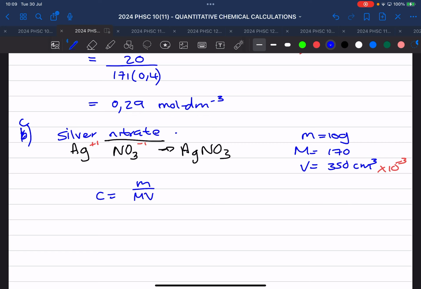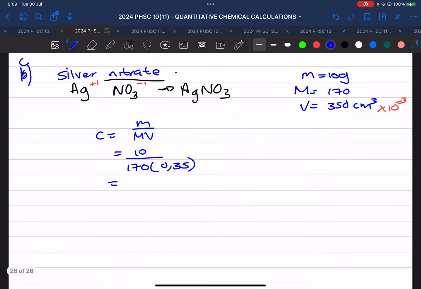The mass is 10, molar mass is 170, 0.35, and, trust, what do you get? 0.117, and the unit? Mole per decimeters cubed.